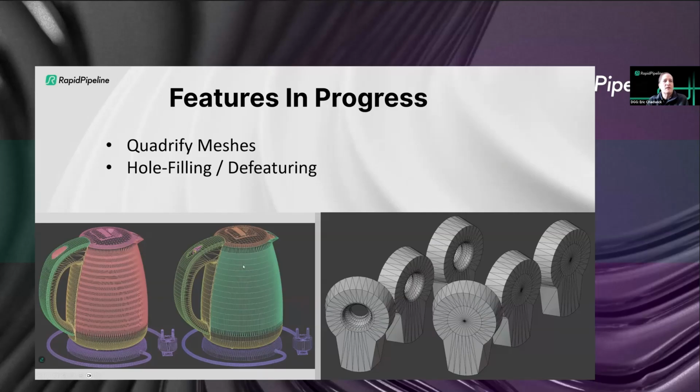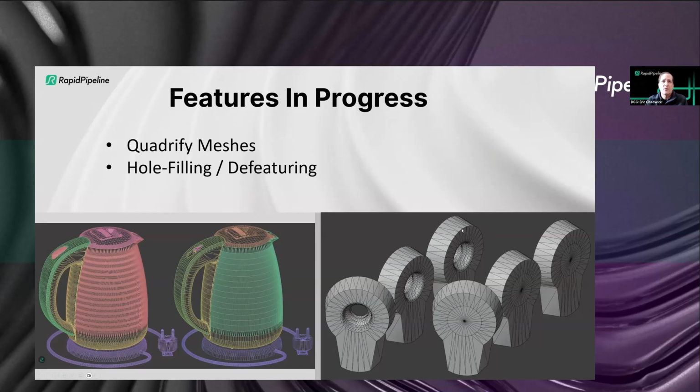And quads are just much easier to edit. It's easier to select loops and rings and do UVs. And if you have to do skinning and weighting to bones, then it's a lot easier to work with quads. And so we've got some initial support of converting from triangle tessellated meshes into quad support. And that's ongoing right now. And you'll see that within the next few months or so.